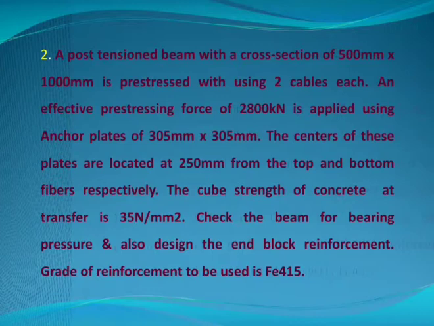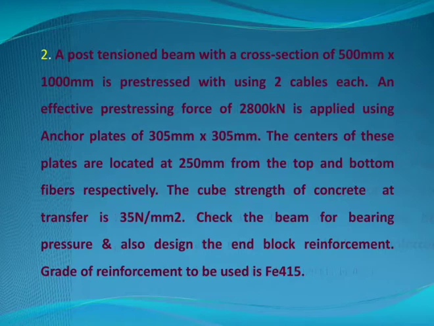The centers of these plates are located at 250 mm from the top and bottom fibers respectively. The cube strength of concrete at transfer is 35 Newton per mm square. We have to check for bearing pressure and design the end block reinforcement. The grade of steel to be used is 415.